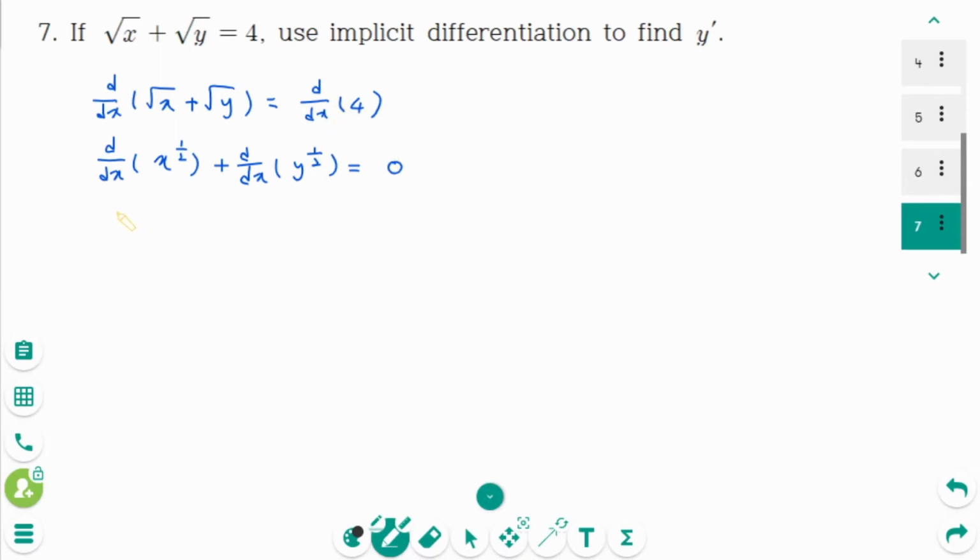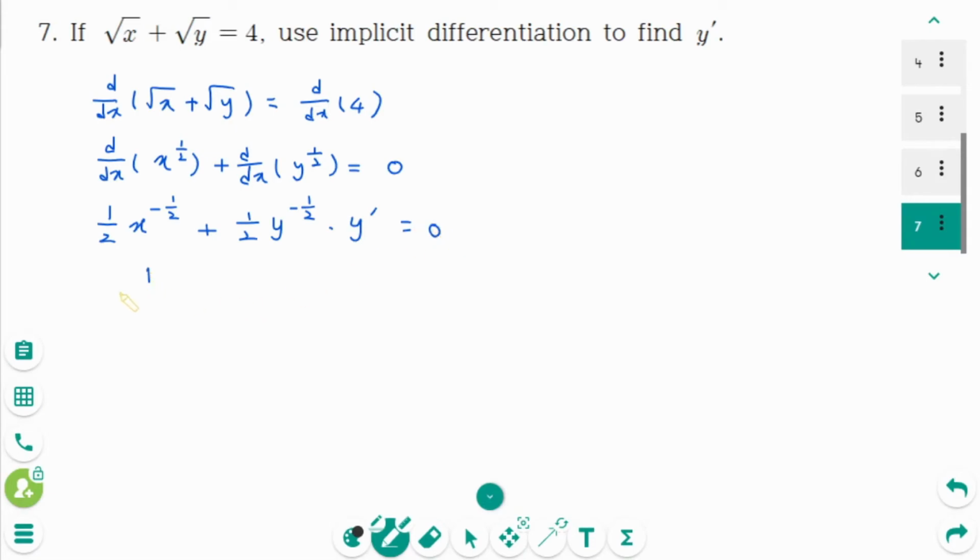Then the first one is 1 over 2 x to the power of minus 1 over 2, plus differentiate the outer function first, 1 over 2 y to the power of minus 1 over 2 times, then differentiate the inner function, which is y prime, equals 0.